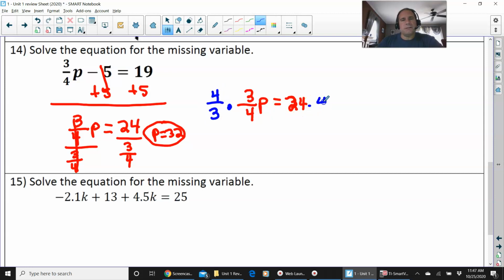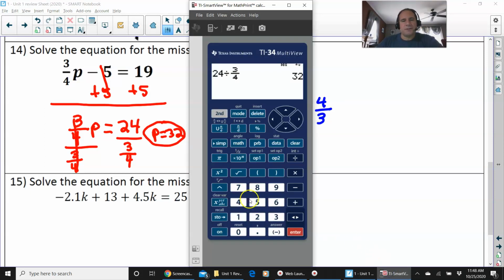When you multiply by the reciprocal, everything cancels out. You still have to do 24 times 4/3, because you use the reciprocal on both sides, and it is the same answer.